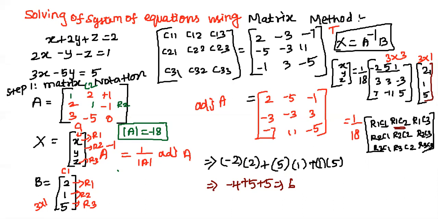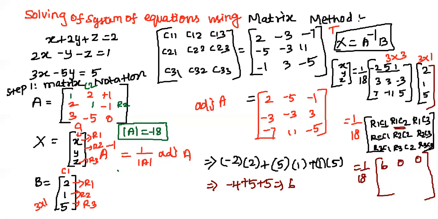Even if you multiply the 0 matrix with the other matrix, the matrix will become 0. So this row 1 column 2 will become 0 and row 1 column 3 also will become 0 because we don't have any column 2 and column 3 here. You just simply write it as 1 by 18 and R1 C1 is 6 and R1 C2 is 0, R1 C3 is also 0 only.